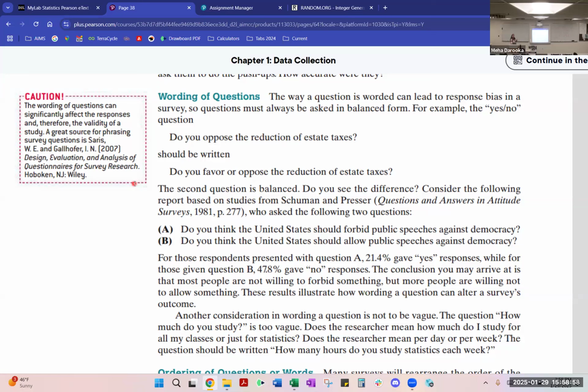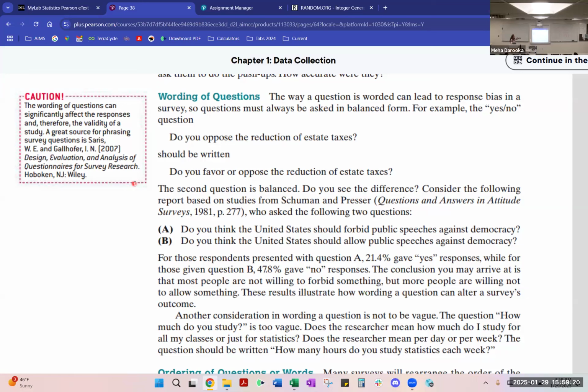So if you are in favor of reducing those estate taxes, you may feel, should I say that? Because this only asks me about opposition and not about being in favor. Whereas the second question gives you the option to say, yes, I'm in favor, or no, I oppose this reduction. So it gives you that balanced option, whereas the first one does not.